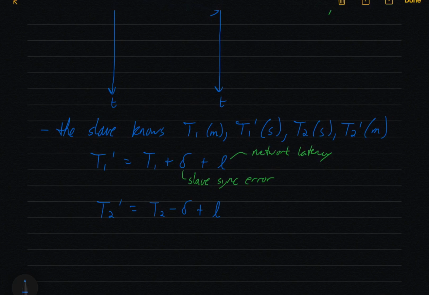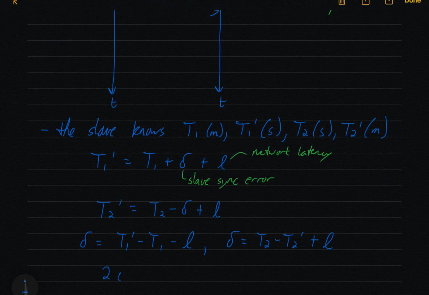So now we can restate each of these in terms of the synchronization error. So delta from the first equation is going to be equal to T1 prime minus T1 minus L, and from the second equation, delta is equal to T2 minus T2 prime plus L, and we can combine or add these equations.